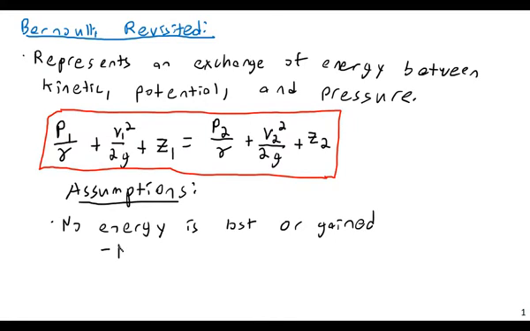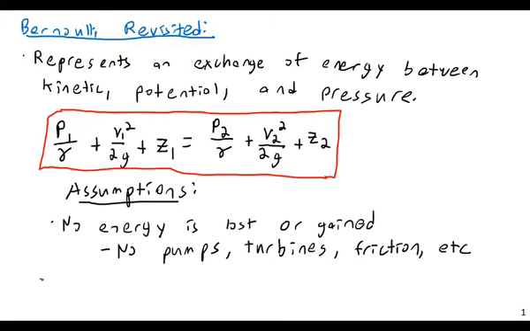So this means no pumps, turbines, friction, etc. Most of the assumptions can be boiled down to really just no energy is lost or gained. Also, we're dealing with an incompressible fluid. The Bernoulli equation assumes that volume is constant, so an incompressible fluid, and that's the general idea.